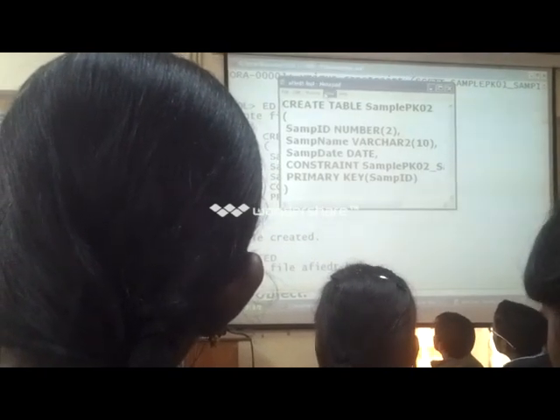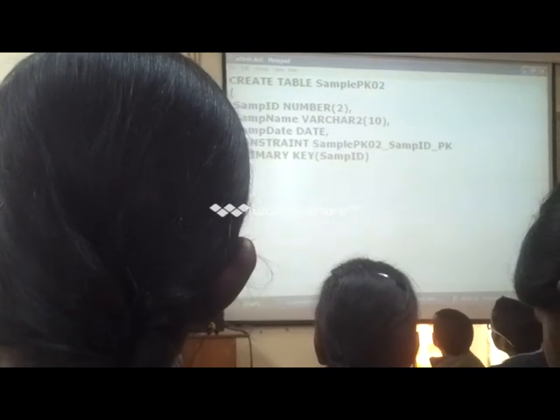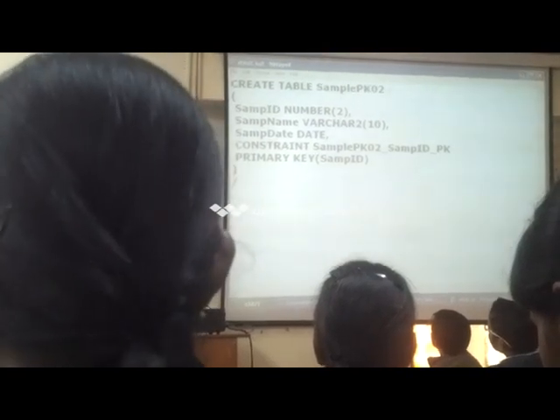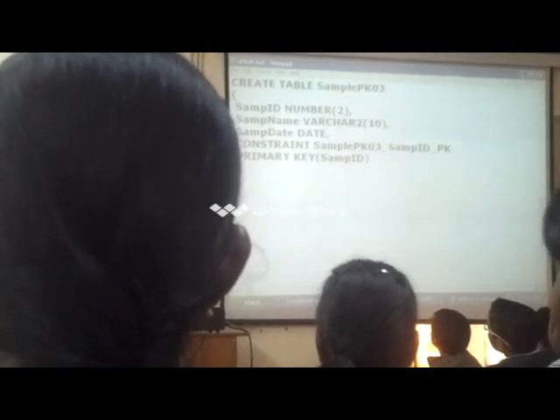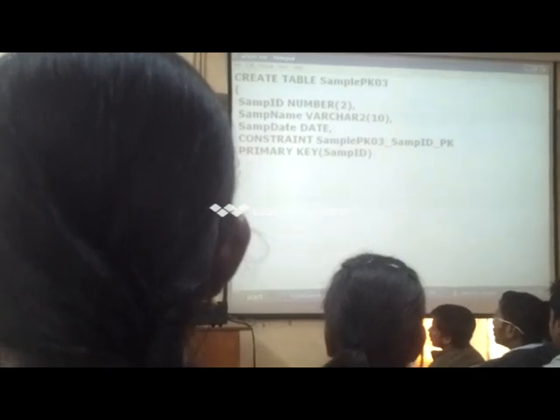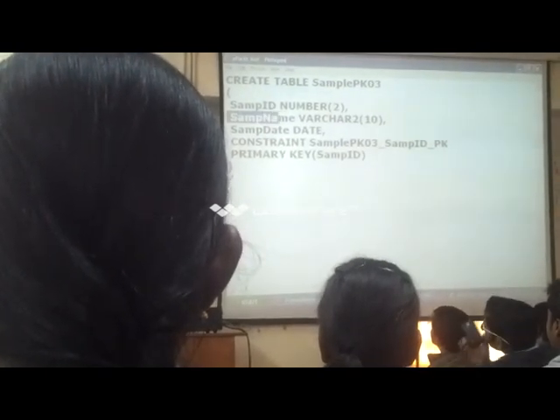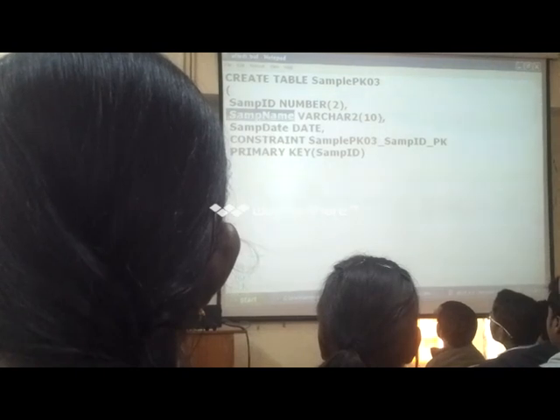Anytime you declare a primary key, watch, one of the questions that is arising now is a column having a primary key internally follows which rule? Not null and unique. Internally follows which rule? Unique and not null. Now I want the sample name column also with unique and not null now.